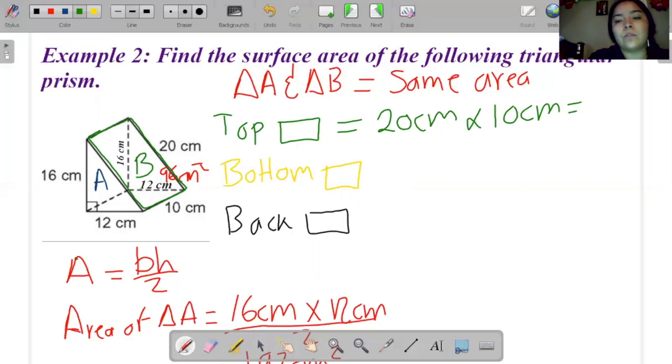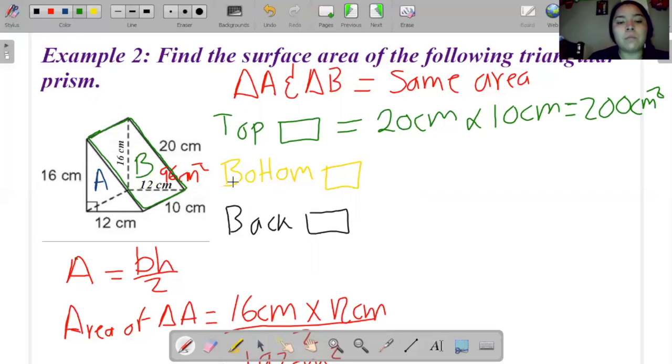So that is equal to 200 centimeters square. Let me write that down again. So this is equal to 200 cm square.